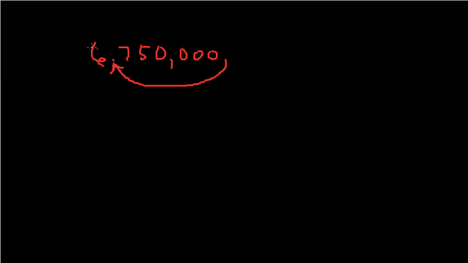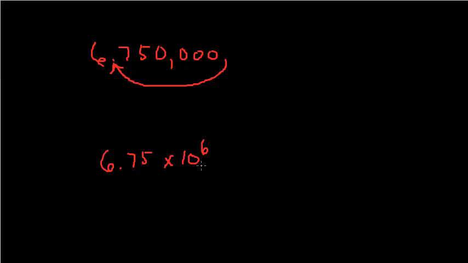When I go from left to right, 6 is the first number that is not 0, so I place the decimal after it. So now I have 6.75. I can drop the rest of the zeros, and I have this times 10 now to the 6th power. To the 6th power because I moved my decimal place 6 places to the left.